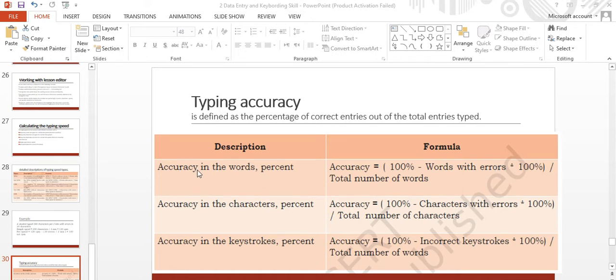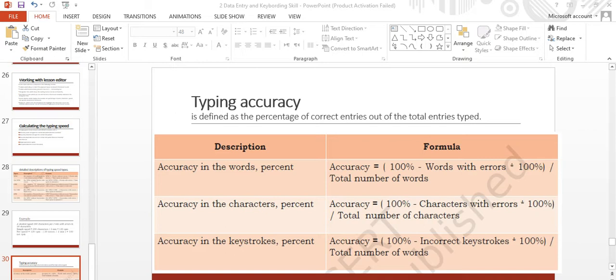Typing accuracy in words percent: accuracy equals 100% minus words with errors times 100% divided by the total number of words. This is for finding the typing accuracy. Same for characters percent and keystrokes percent.